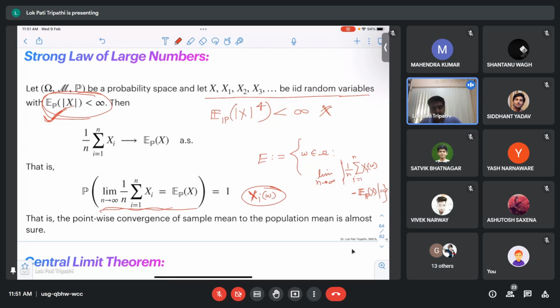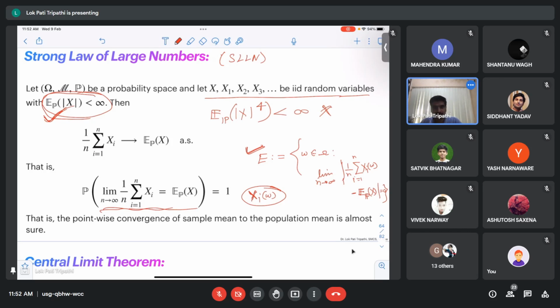So the strong law of large numbers, in short SLLN, says that the probability of this event is actually 1. It is sure that this event is going to occur.